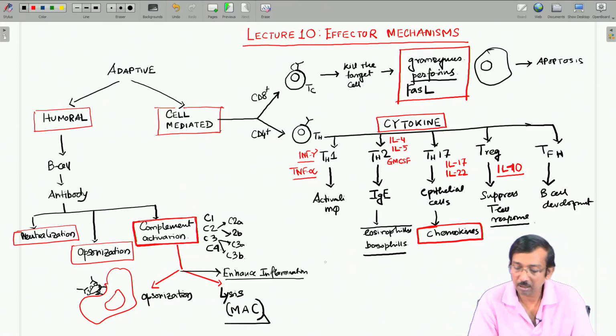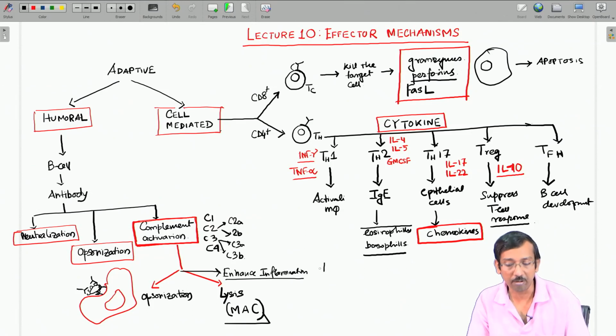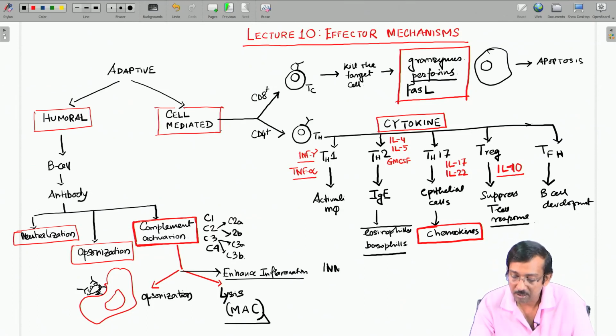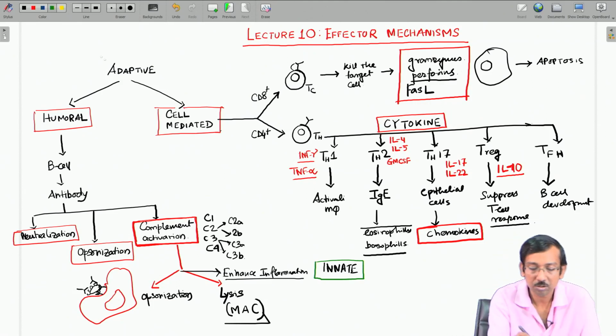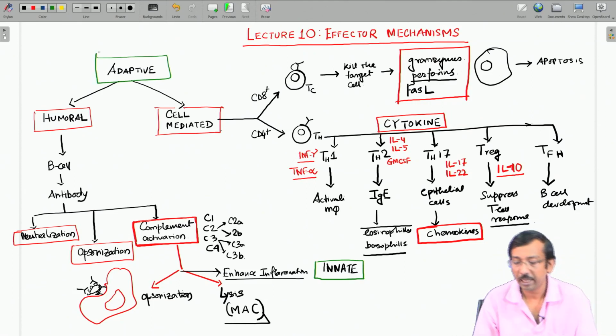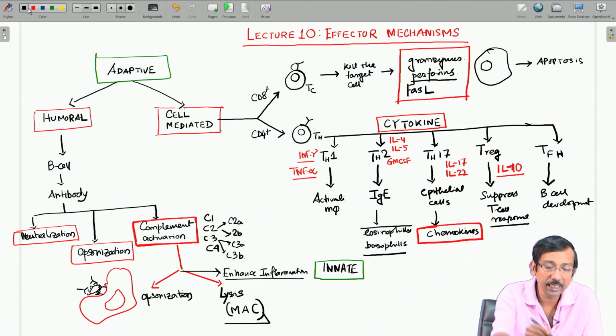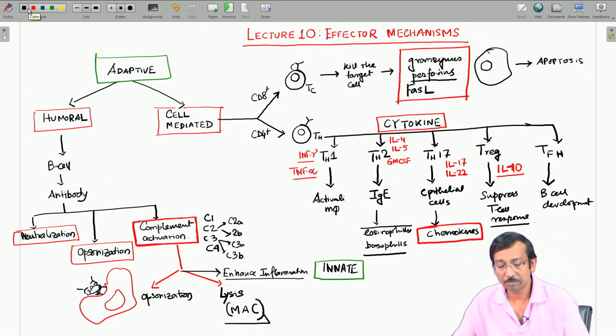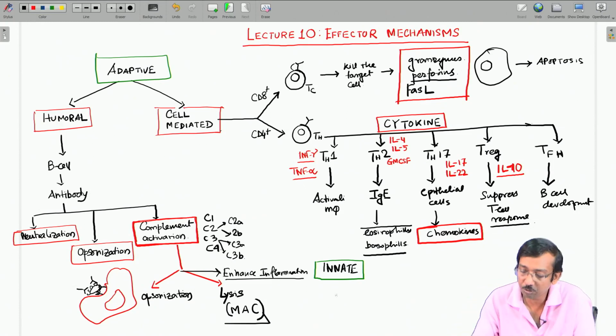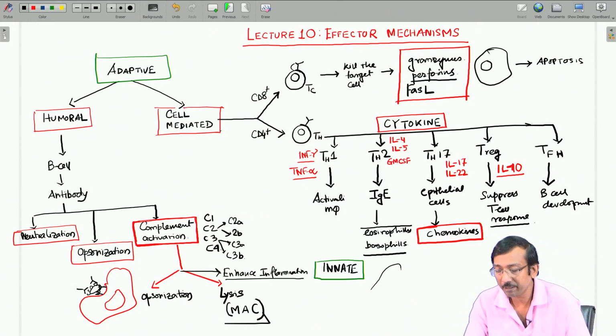We also get cytokines, and cytokines are everywhere, remember. In the innate branch of the immune system, we also have different types of cytokines, and they are primarily produced by an activated macrophage.